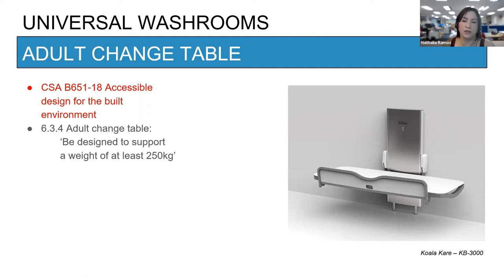The load capacity has to be at least 250 kilos. So we don't have many options on the market right now. We do have a brand new product from Koala Care, the KB3000, the one that you can see here, which is the only one that can support 250 kilos.